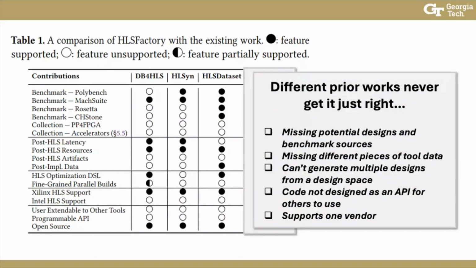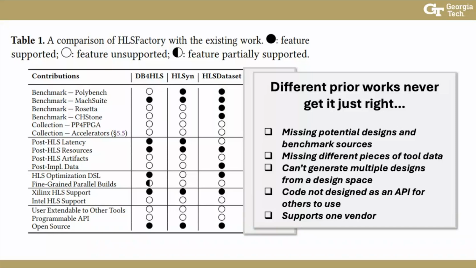And so some people have explored this idea in the past, looking at taking different benchmarks or collecting data from different parts of the design flow, but usually they miss a lot of gaps. For example, one common issue is that a lot of these previous works don't collect scheduling and binding data or the generated LLVM-IR. It's only design and report information.